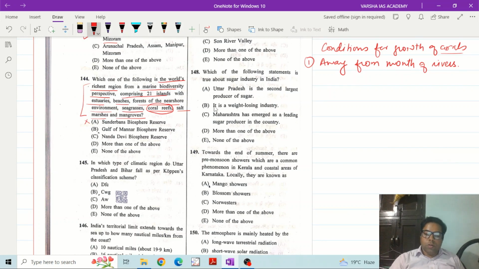That is not an ideal physical condition for the growth of corals. So this first option is wrong.